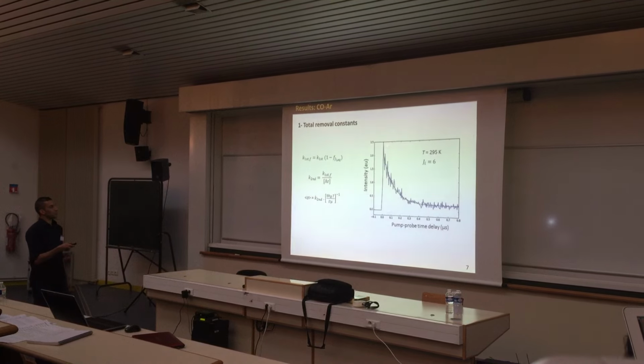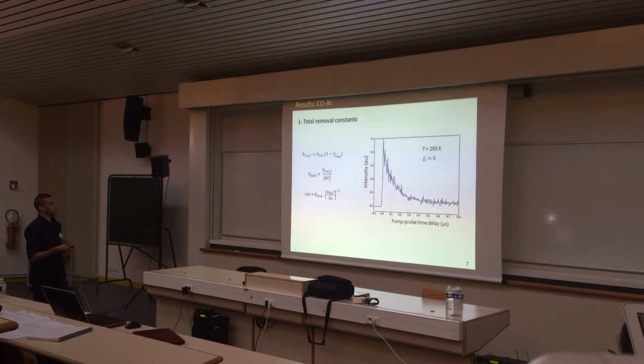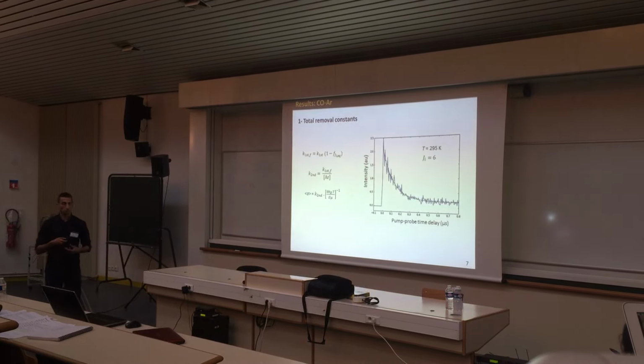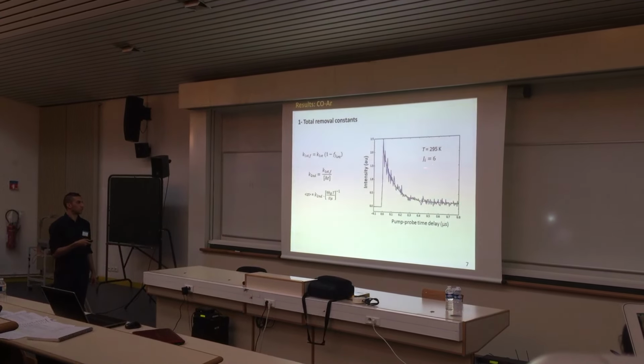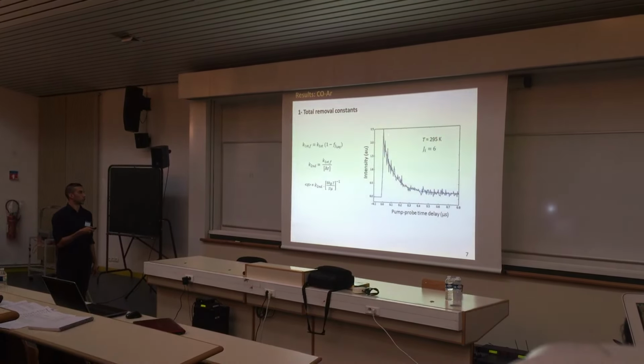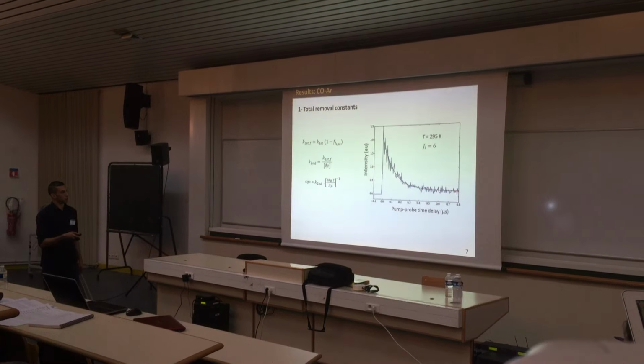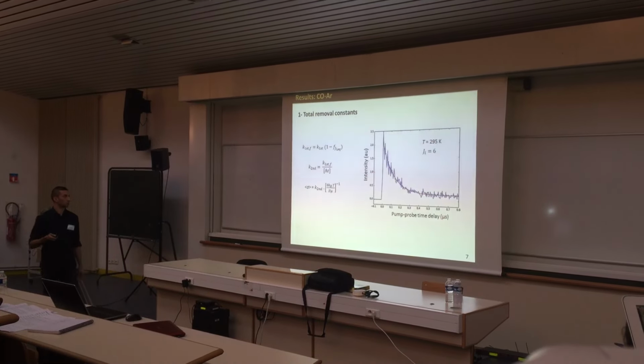We can see that at time 0, the total population is in the initial rotational state J equals 6, and after, the population will relax exponentially to a rotational equilibrium at about 1 microsecond.